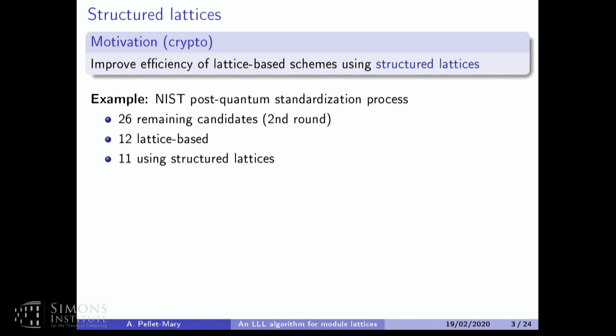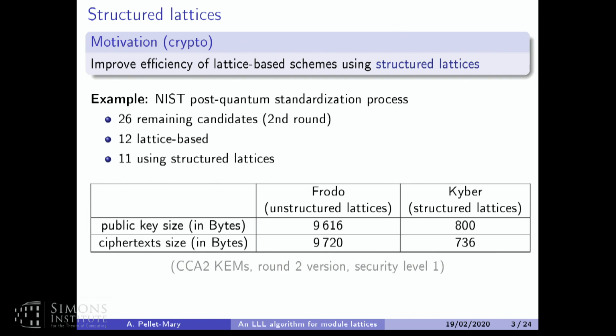And how does it improve? Let's take Frodo, which is the one that does not use structured lattices, and compare it with one of the schemes that use structured lattices. Roughly, in terms of size of the public key and ciphertext, we usually gain at least a factor of 10. So it really helps to get some performance out of the schemes. As I said, structured lattices help improve efficiency.